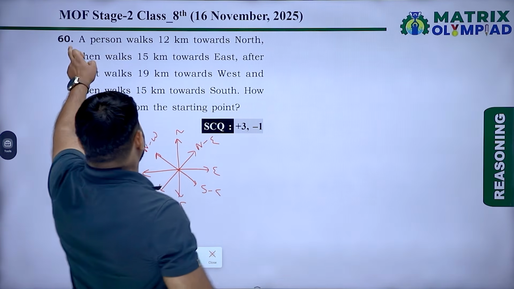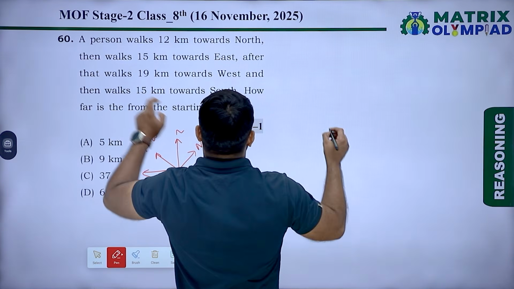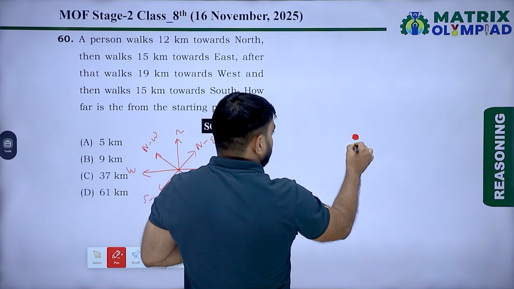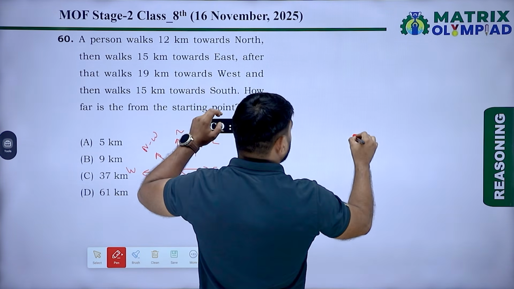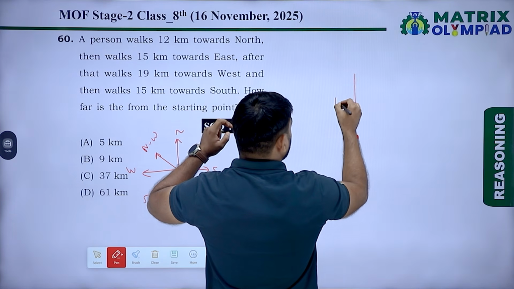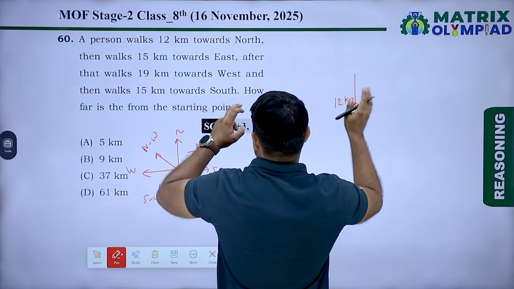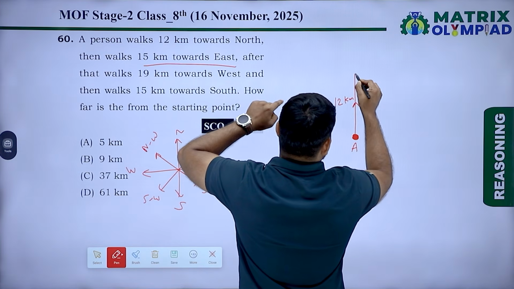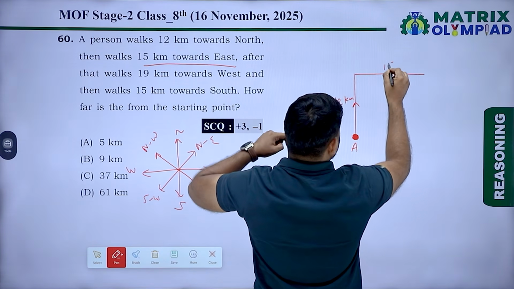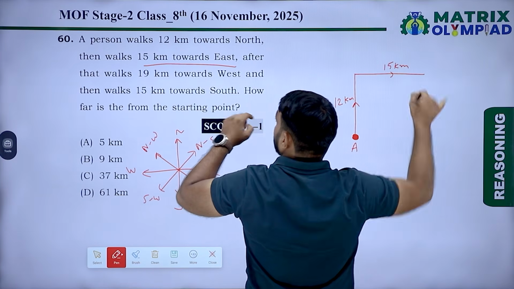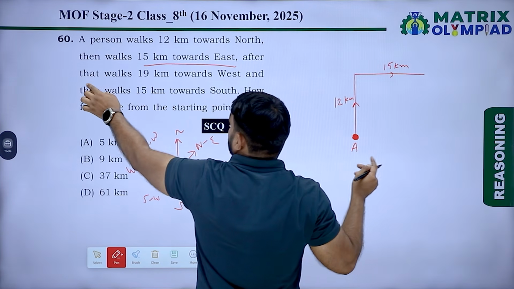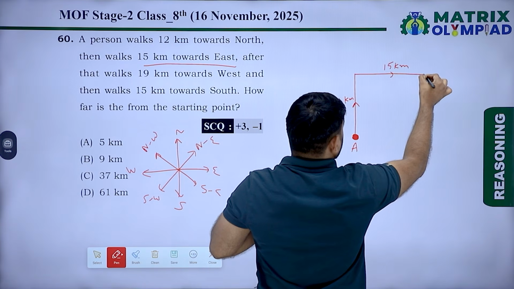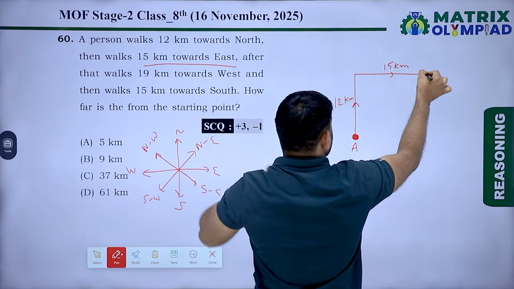Now the question is, a person walks 12 km towards the north. Let's suppose A is the starting point of the person. So first he goes 12 km towards the north. Then he walks 15 km towards east. After that he walks 19 km towards west.